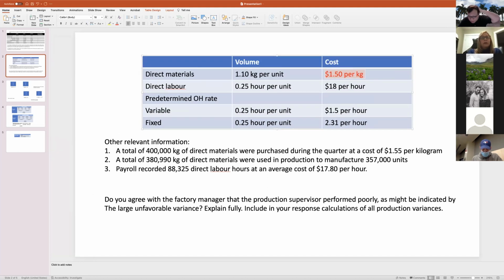So now, they purchased 400,000 kilograms of direct materials at a cost of 1.55. So I want you to tell me what is the price variance for the direct materials purchased. Do you remember how to do this calculation?